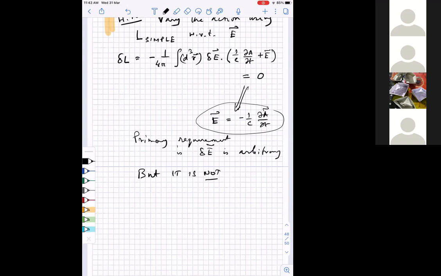Because remember, when we were doing the Lagrangian formulations initially, at that time delta U was arbitrary. But over here it is not.